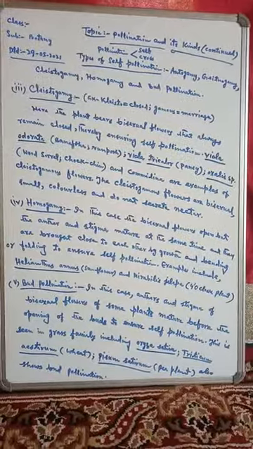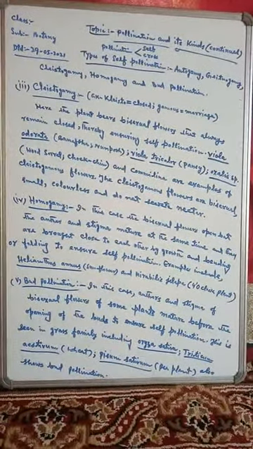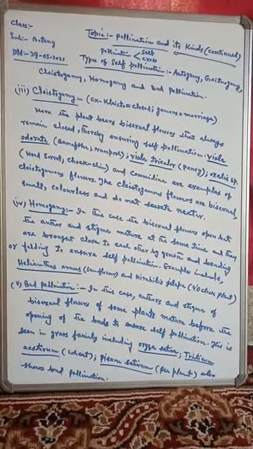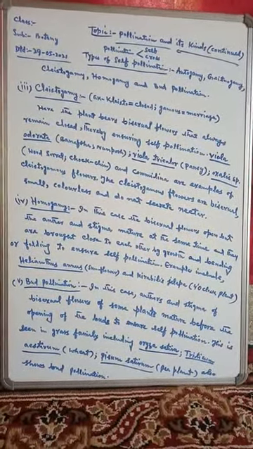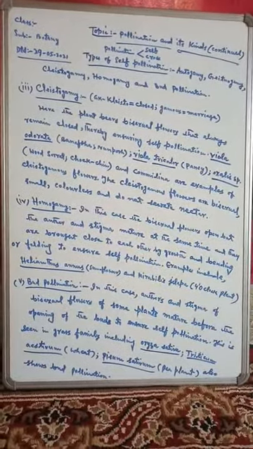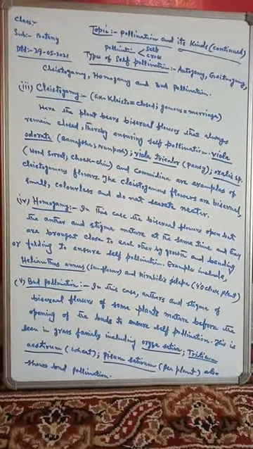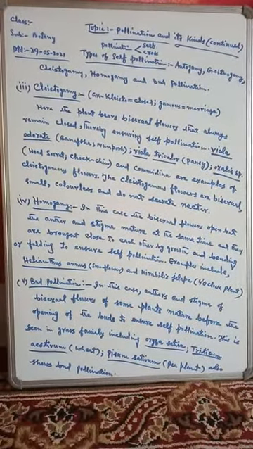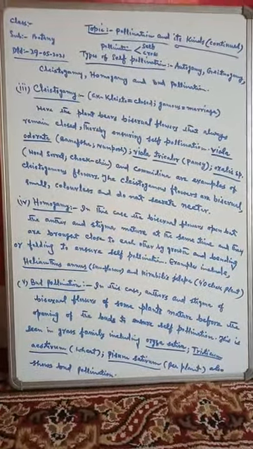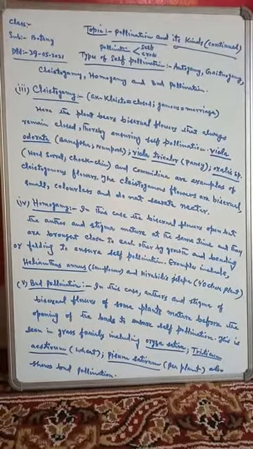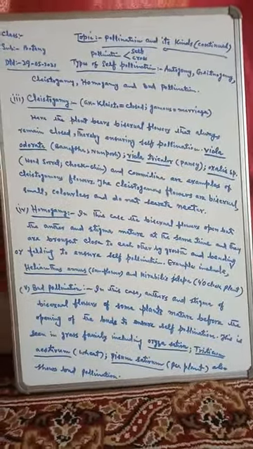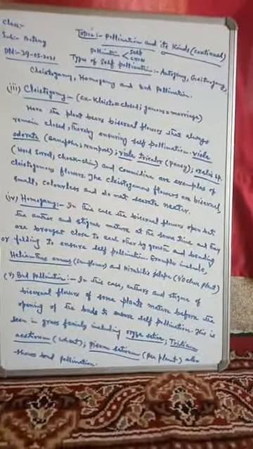So dear students, I hope you have understood today's lecture, and that you are now fully aware about pollination, the two main types, self and cross-pollination, and the different types of self-pollination: autogamy, geitonogamy, calistogamy, homogamy, and bud pollination. And this was all about today's lecture. Stay home, stay safe. Thank you very much.